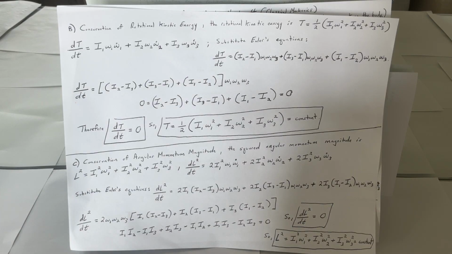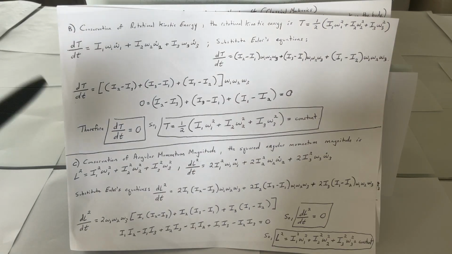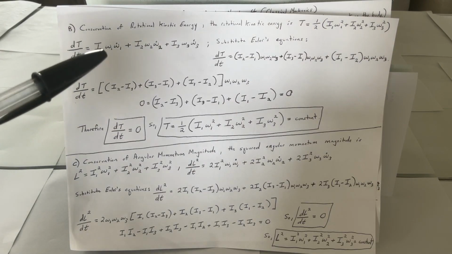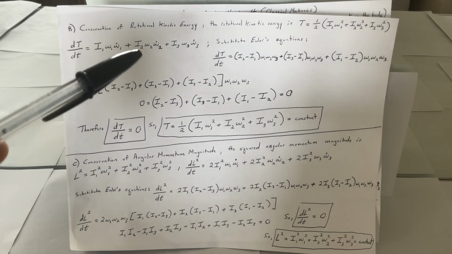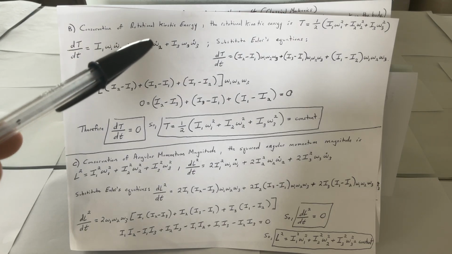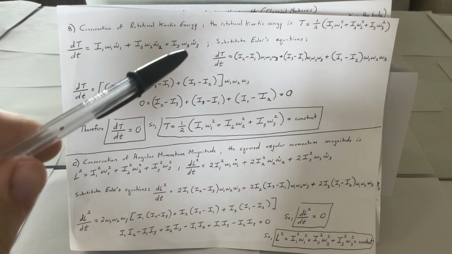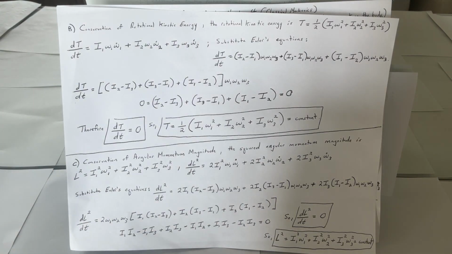1/2 times the quantity I sub 1 omega sub 1 squared plus I sub 2 omega sub 2 squared plus I sub 3 omega sub 3 squared. And taking the derivative with respect to time, we get I sub 1 omega sub 1 omega sub 1 dot plus I sub 2 omega sub 2 omega sub 2 dot plus I sub 3 omega sub 3 omega sub 3 dot.